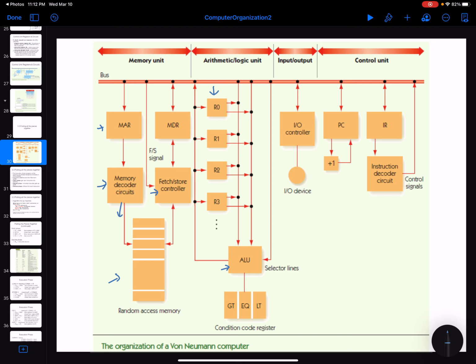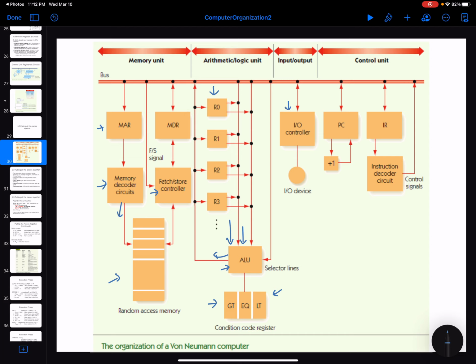So the registers send the values as input operands to the ALU, and the result is sent back into those registers as well. In addition to that, there are the three registers for comparing two values: the greater than, equal, and less than registers. Here, we also had some input output devices and the IO controller.